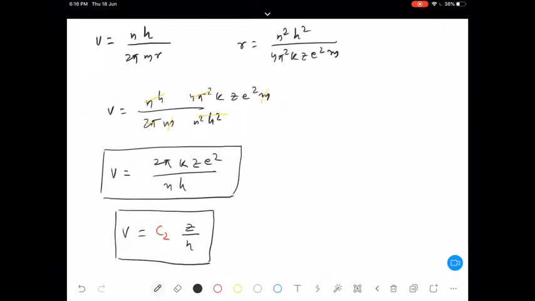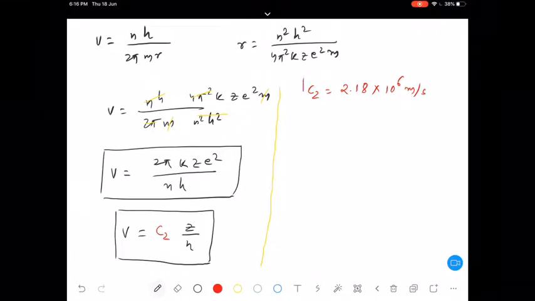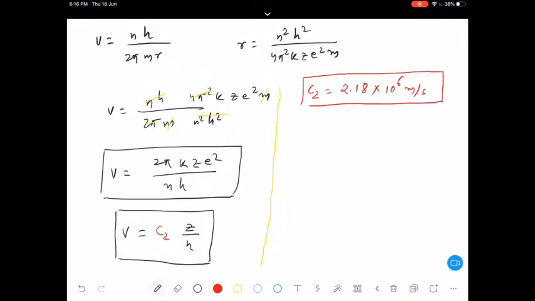Can I write in this particular way? Any confusion, any doubt? Now this value of c2 I can calculate. Value of c2 I can write as 2.18 into 10 to the power 6 meter per second.